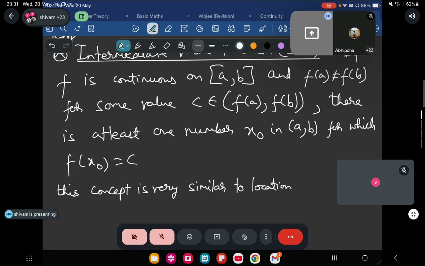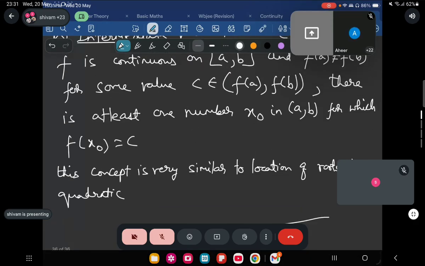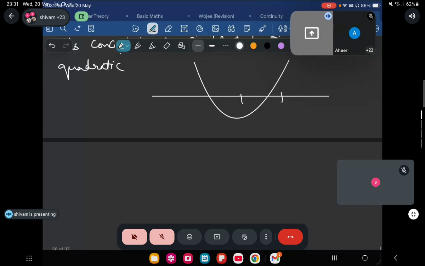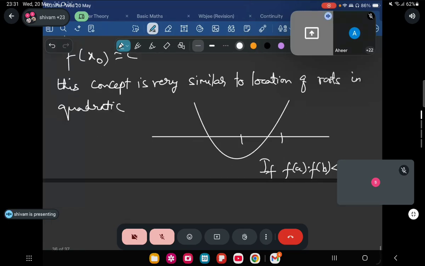Do you remember, everyone? If f of a into f of b is less than 0, then what do we say? There exists at least one root.